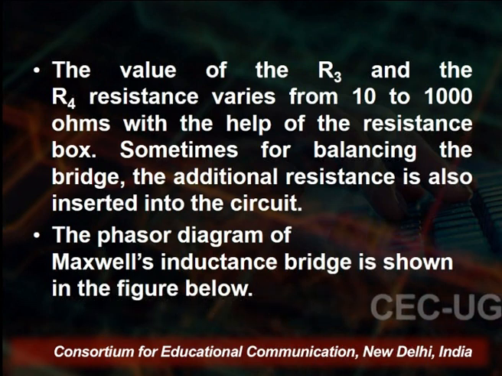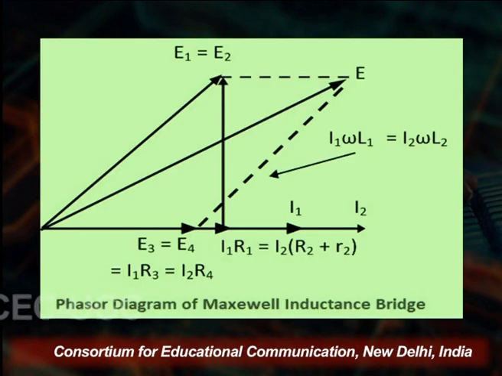In the phasor diagram of the Maxwell inductance bridge, we can have this one. You see here E3 is equal to E4, and we can write I1 R1 is equal to I1 (R2 plus small r2), and I1 R3 is equal to I2 R4.